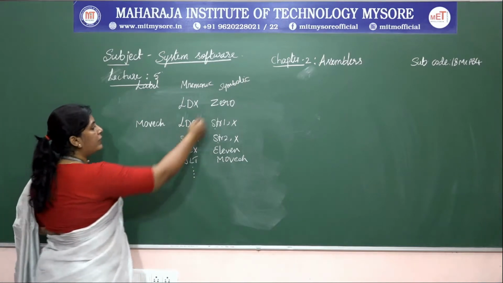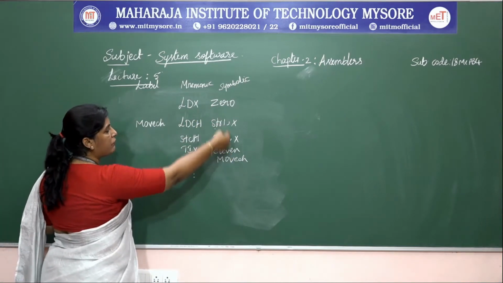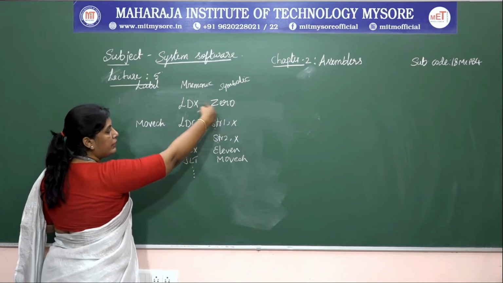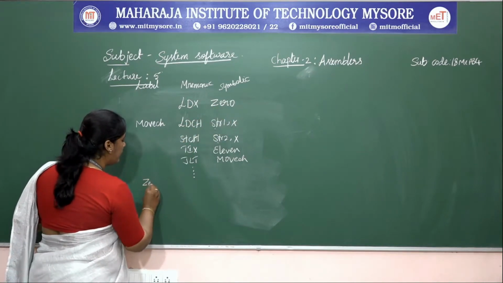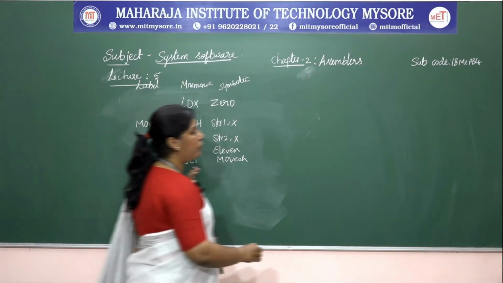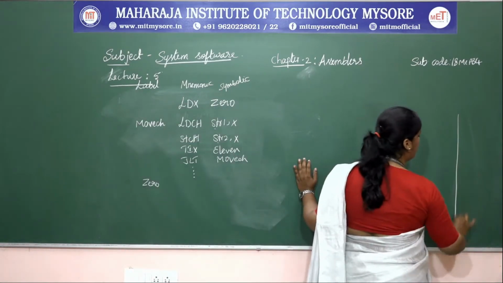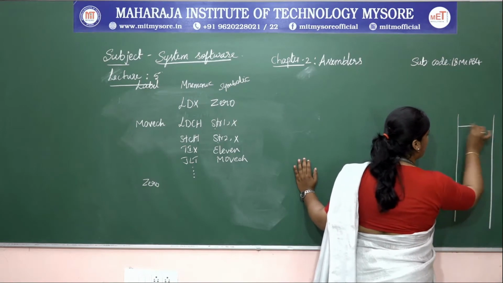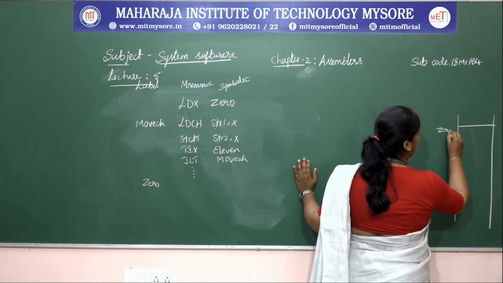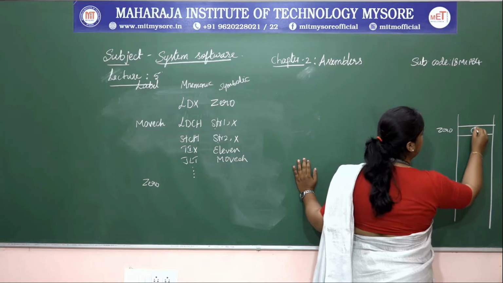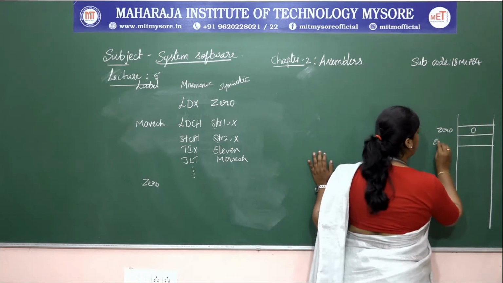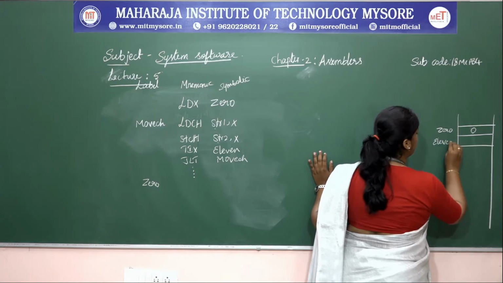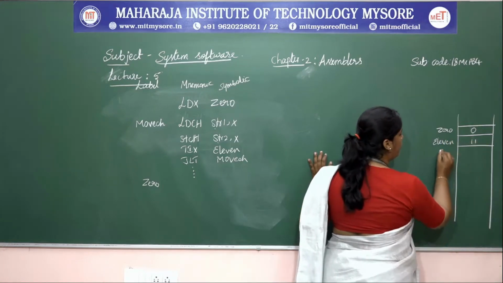After that, we have to define all the variables we are using in this program. I will write a memory structure here. Here 0 is a memory name having an integer value 0, and 11 is another memory name having the integer value 1.